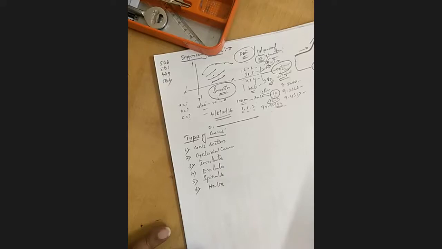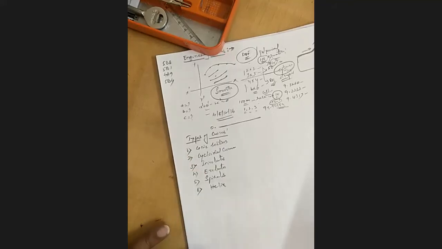Third one, involutes, I-N-V-O-L-U-T-E-S. Fourth, evolutes, E-V-O-L-U-T-E-S. Spirals, S-P-I-R-A-L-S. Last one, helix, H-E-L-I-X. These are the 6 varieties of curves we have in nature.